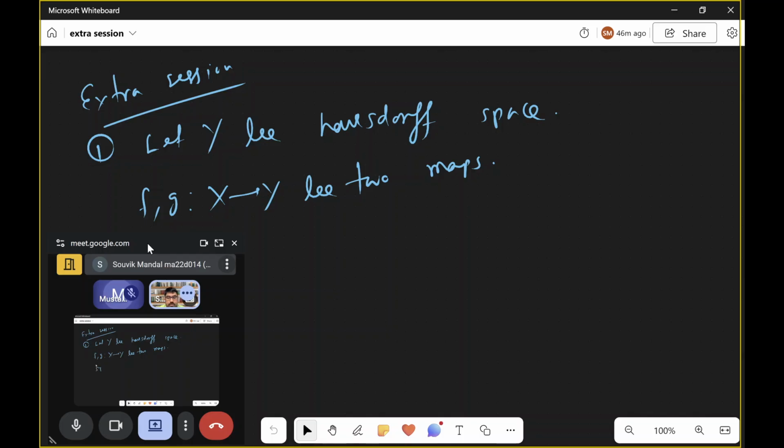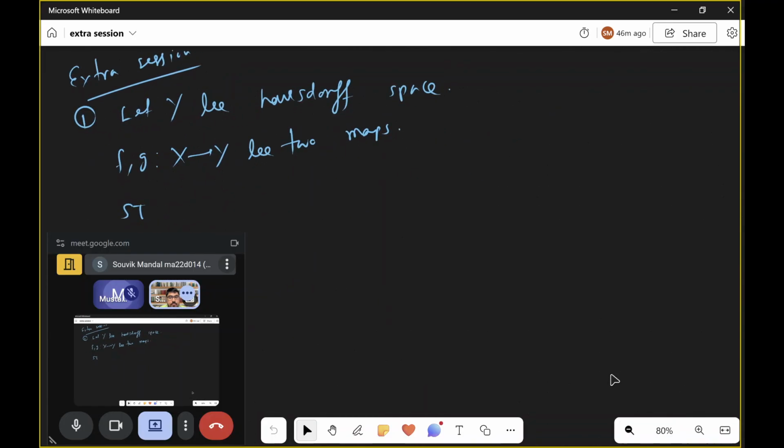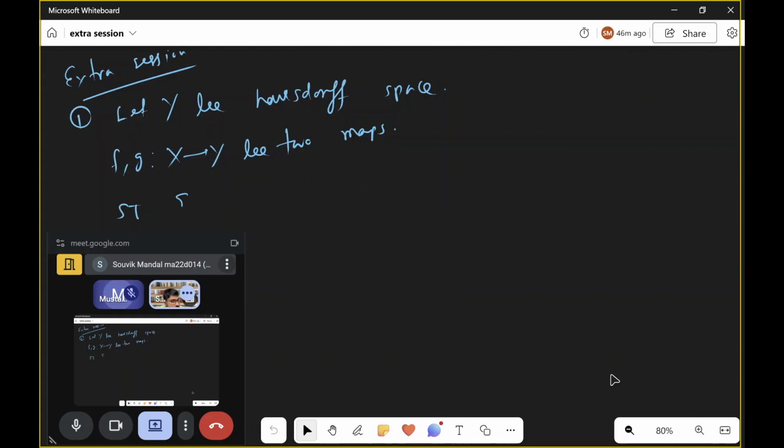Show that the set of all x belonging to X such that f(x) equals g(x) is a closed set.